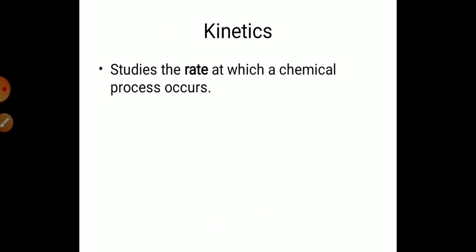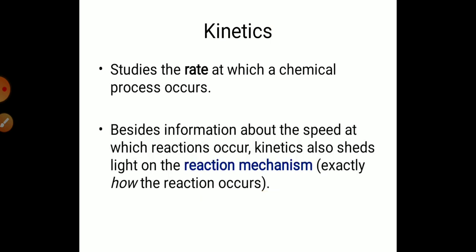Kinetics is the study of the rate at which a chemical reaction occurs, and besides information about the speed of reaction, kinetics also sheds light on the reaction mechanism, exactly how the reaction occurs.